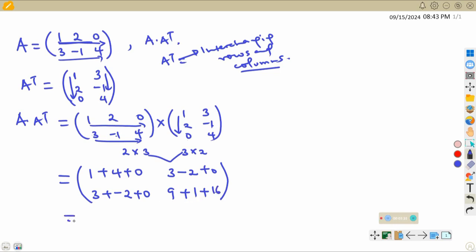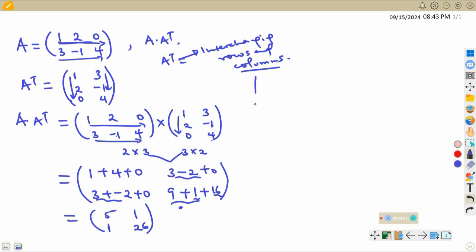So trying to compute that, we shall have 5. We shall have 3 minus 2, that is 1. 3 minus 2, that is still 1. Then next we are having 9 plus 1, which is 10, plus 16, that is 26.